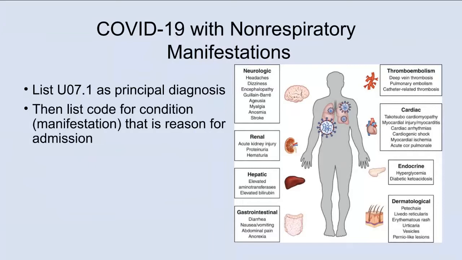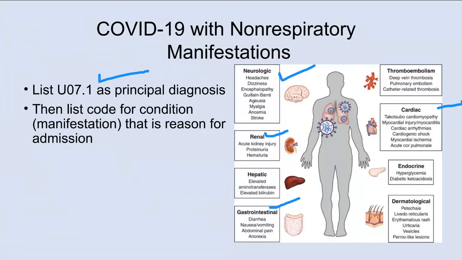So sometimes a patient will have COVID-19 and then have manifestations that are not respiratory related. And here's some examples you can see in what I have here: neurological, renal, gastrointestinal, cardiac, etc. So the guidelines say, list code for the condition, the manifestation is listed second, and first is U07.1.